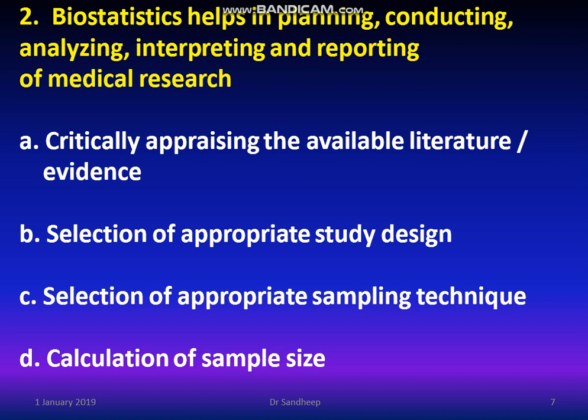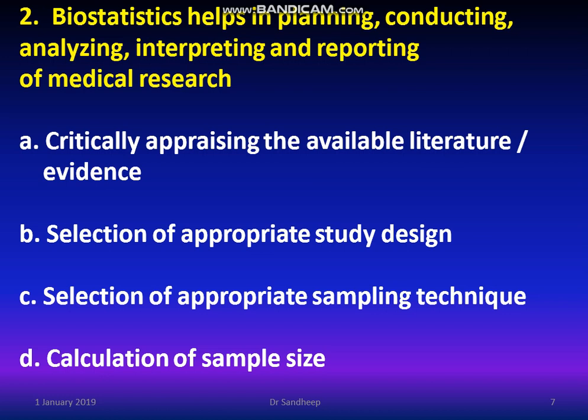So selection of sampling technique also requires knowledge and application of biostatistics. Then comes calculation of sample size. How much sample is required? So you have to apply some formulas. Calculate sample size based on some formulas or softwares.